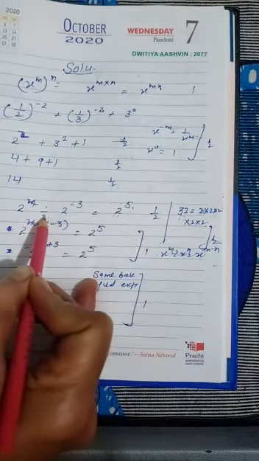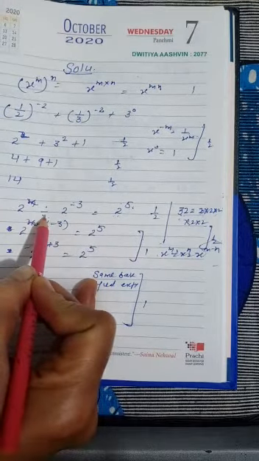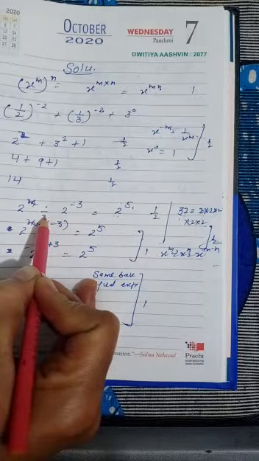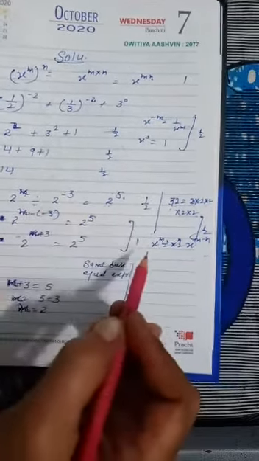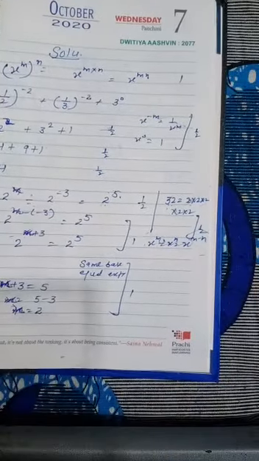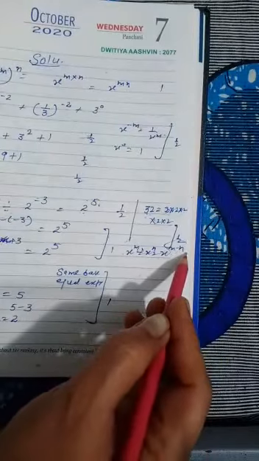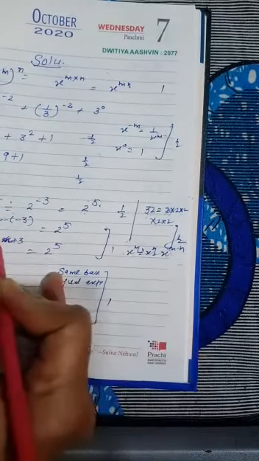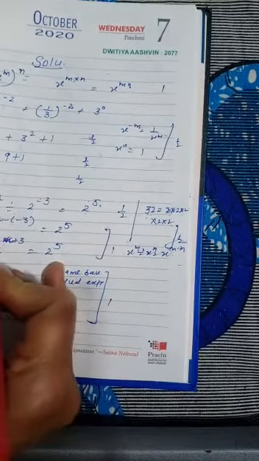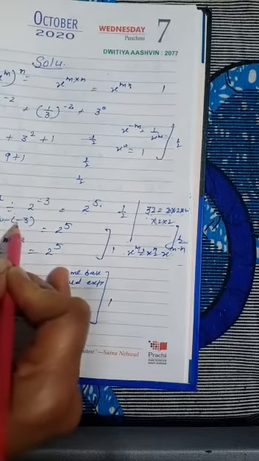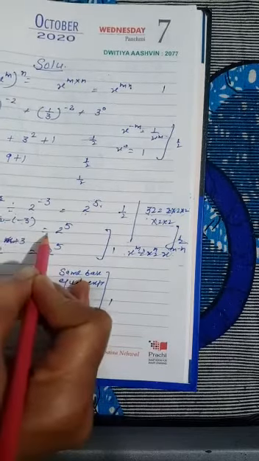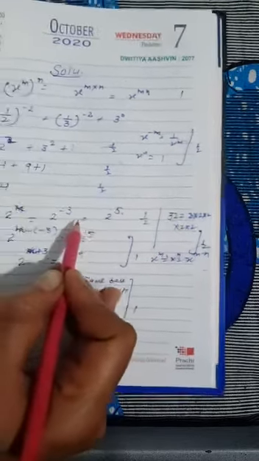Now which sign is given to us? Yes, divide. So we have to apply the law of division. In the law of division, x to the power m divided by x to the power n is equal to x to the power m minus n. So it will become 2 to the power x minus of minus 3, that is equal to 2 to the power 5.